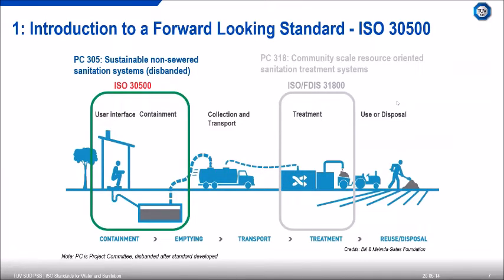The full title of ISO 30500 is Non-sewered Sanitation System, Prefabricated Integrated Treatment Unit, general safety and performance requirements for design and testing. It is a standard for on-site toilet technology that collects, contains, and fully treats the waste on the spot without transportation.